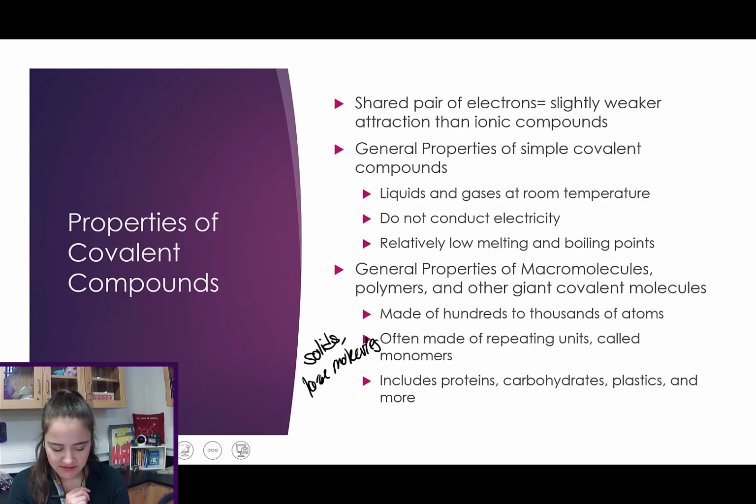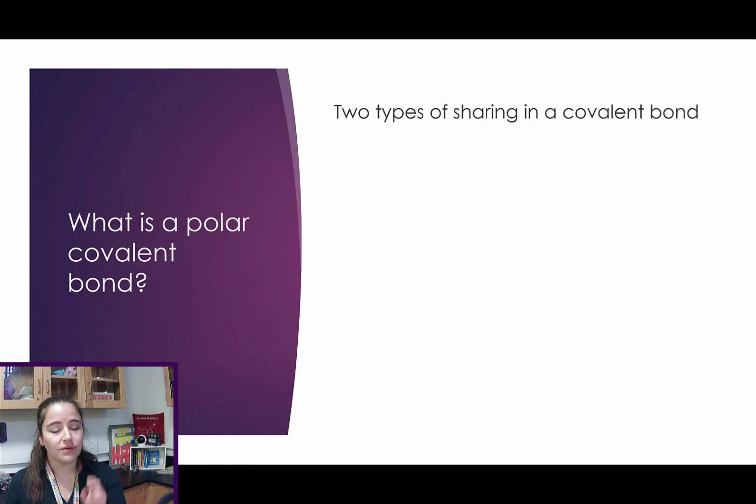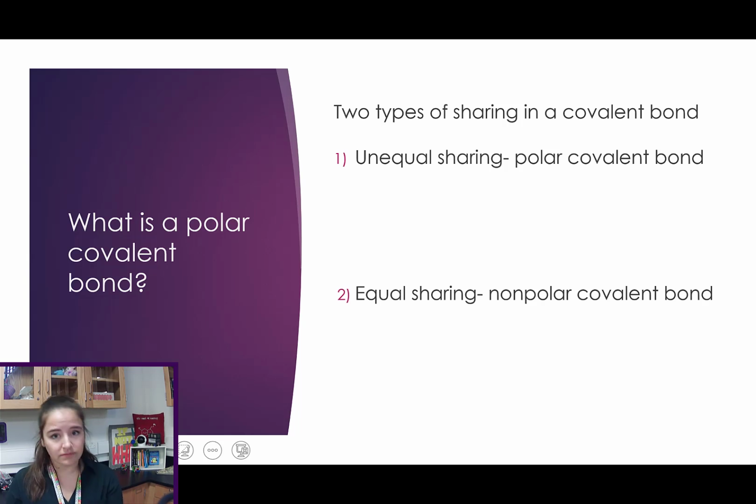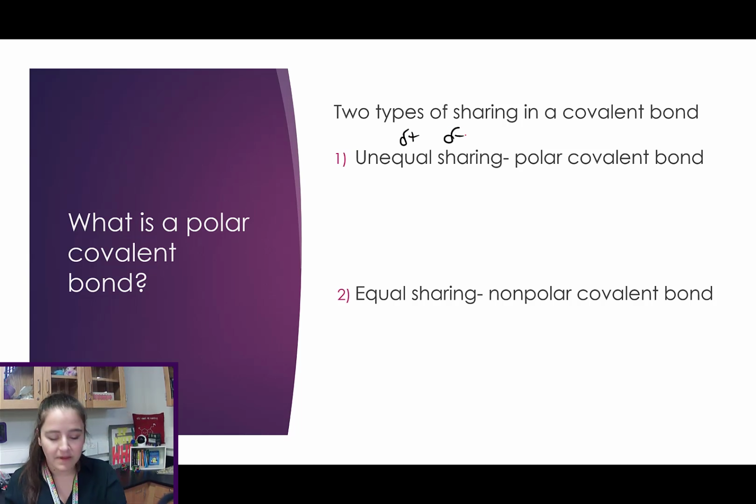Now, one more thing we need to talk about when we talk about covalent compounds, and that is a polar covalent bond. So there's 2 types of sharing in a covalent bond. There's unequal sharing, which is the polar bond. This will happen when you'll have a partial positive and a partial negative part of the molecule. The electrons are not shared equally. Where there's equal sharing, which is nonpolar.